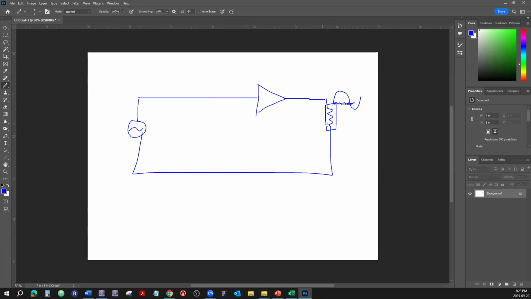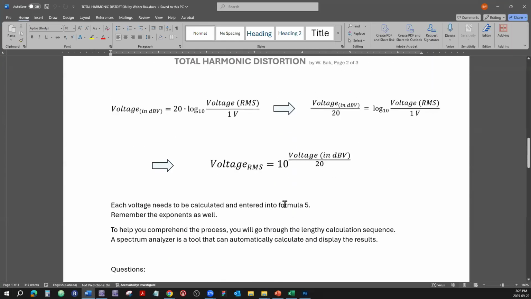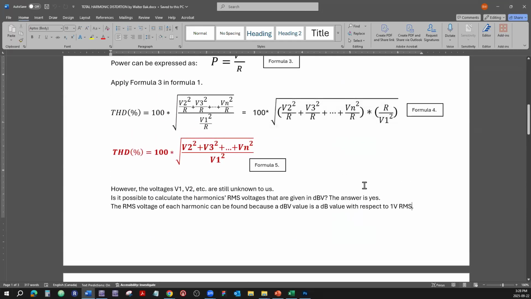So for every single quantity that we're dealing with, we're going to have the same resistance or impedance value, and they just cancel out.